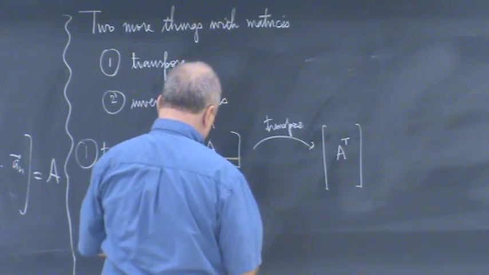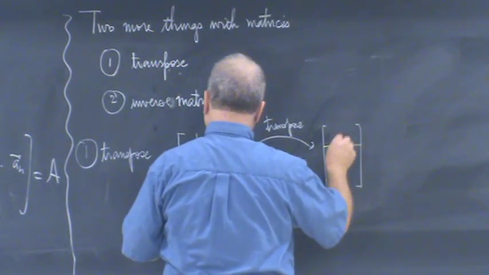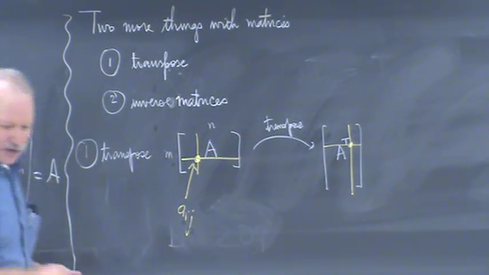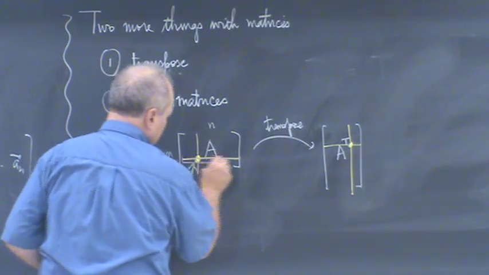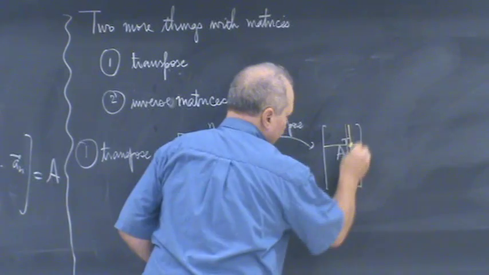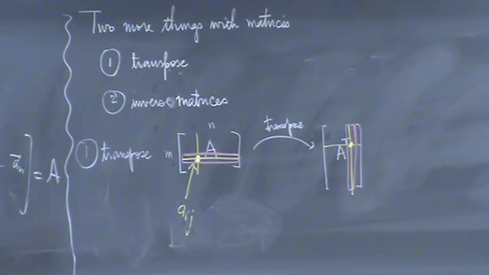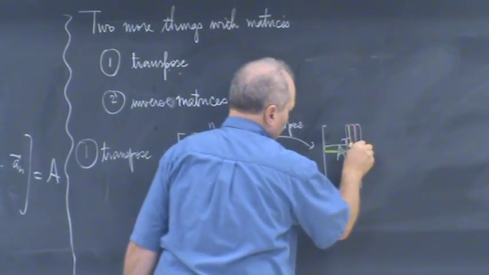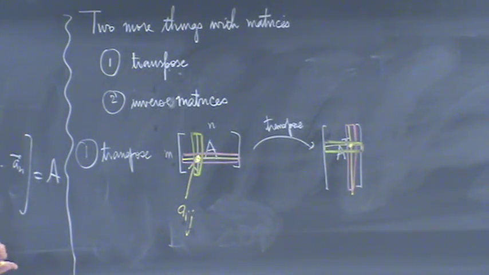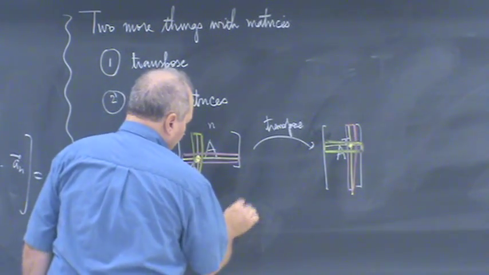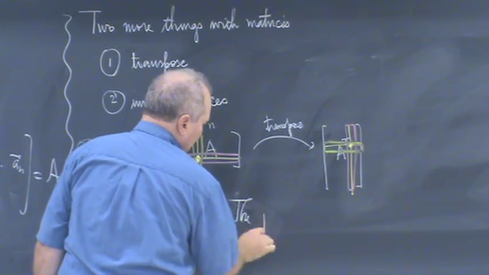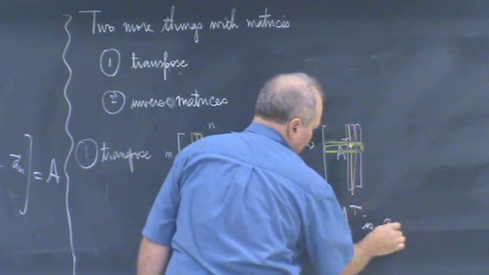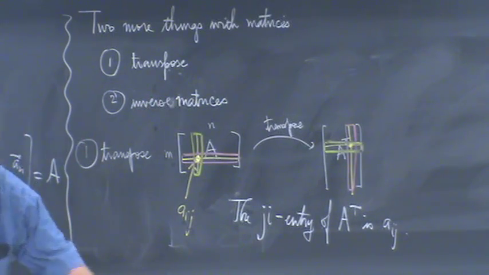It ends up in the jth row and the ith column. So you've turned the ith row into the ith column of the transpose. Or, if you prefer, you've turned the jth column into the jth row. So the ji entry of A transpose is the ij entry of A.